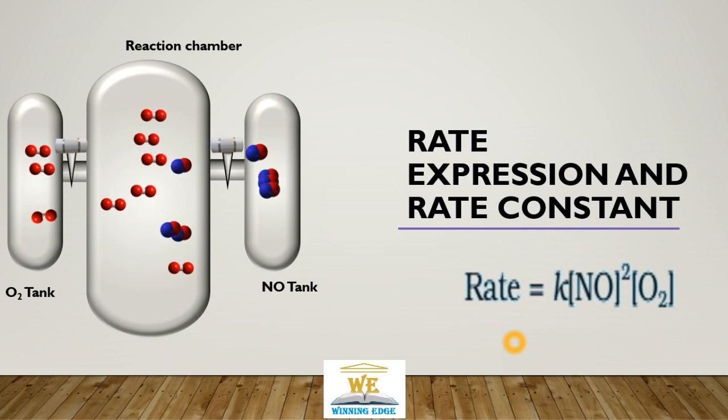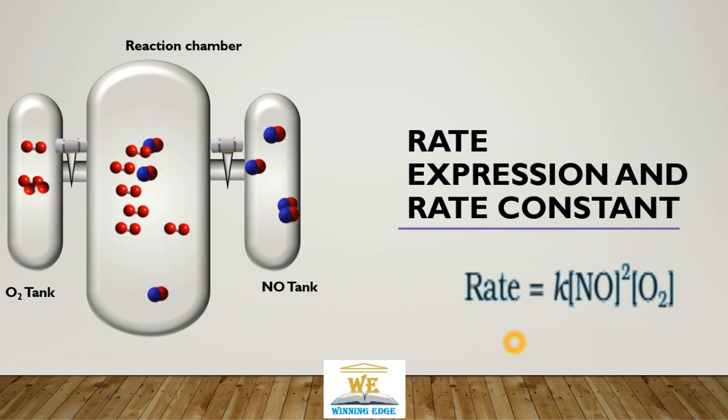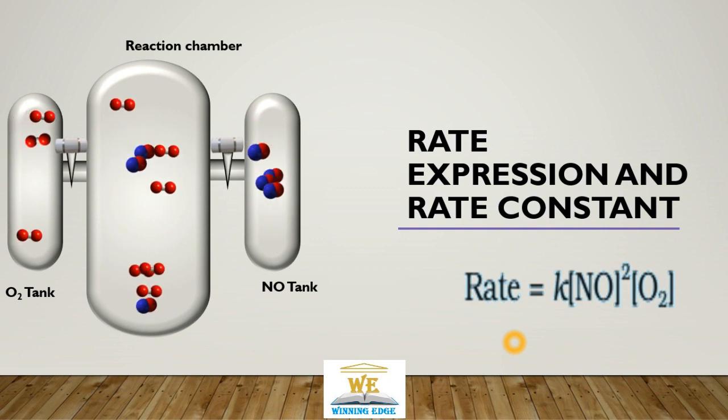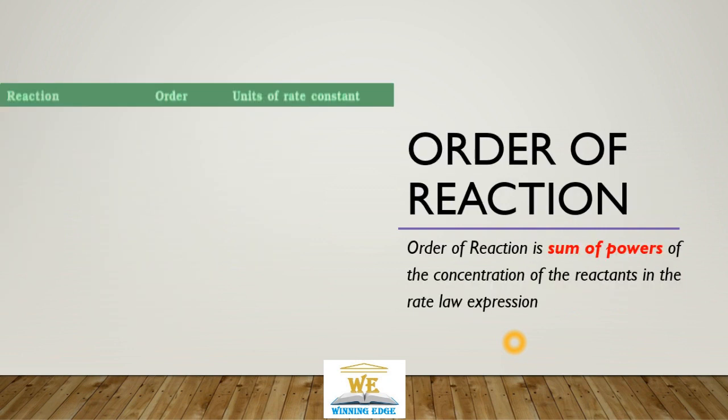Order of reaction can be fractional as well, because the powers of individual concentrations in rate law expressions are determined experimentally. We discussed that the sum of powers of concentration of reactants in the rate law expression is called the order of reaction.